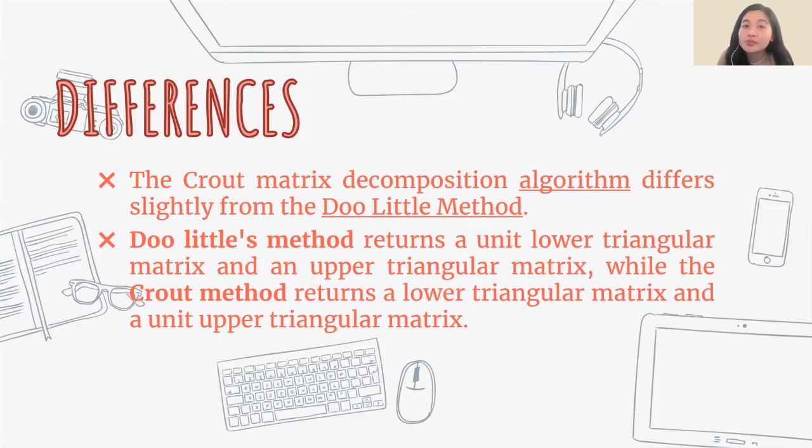As we move on to the process later, we will see that even though the process is similar, the lower matrix will be solved first, then the upper matrix, and in the other method the upper matrix will be solved first before moving forward to solving the lower triangular matrix. But in the end, either Kraut or Doolittle, we are going to arrive at the same values that we are trying to seek, which is the voltage for the problem later.